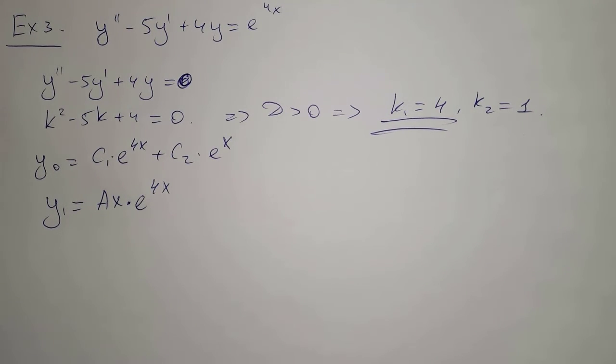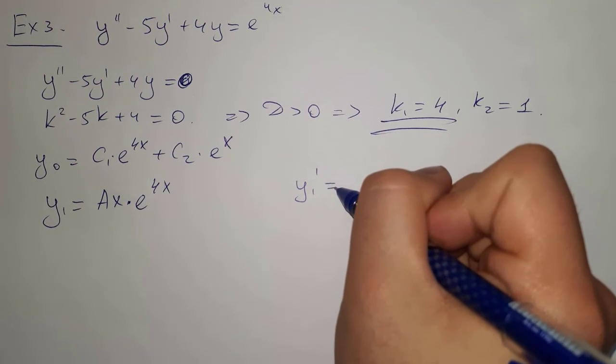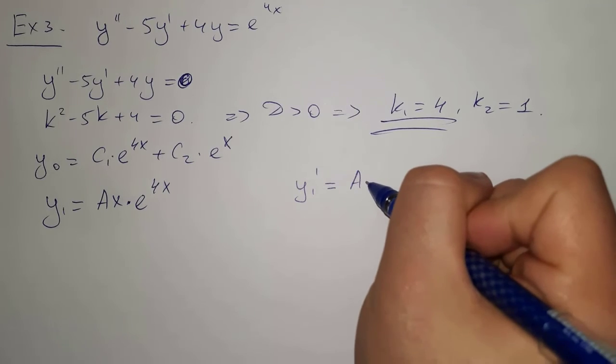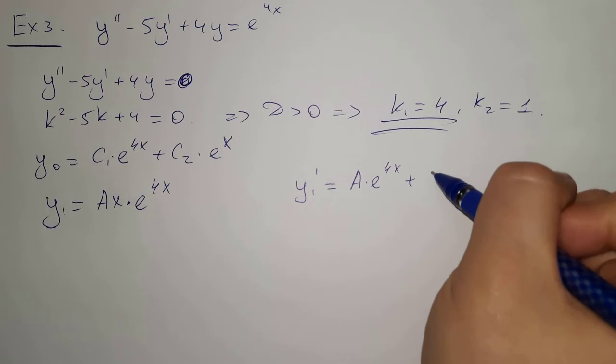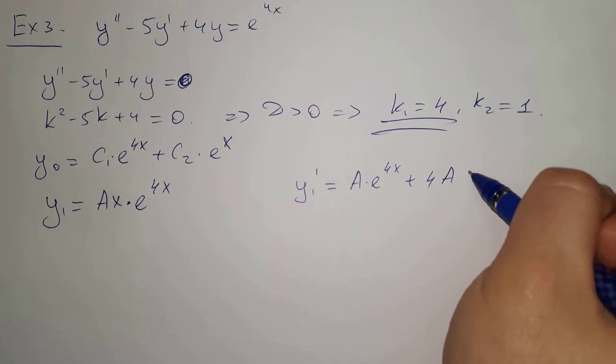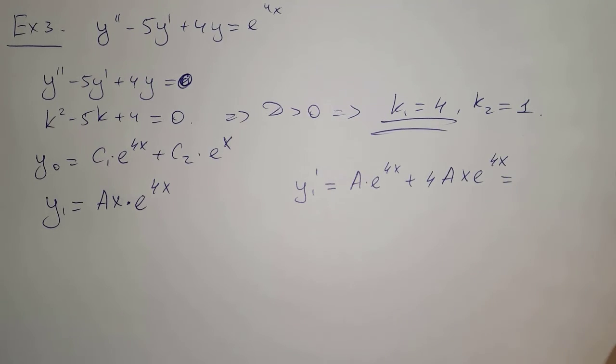So it will be a particular solution for our differential equation, and the derivative of y1 is a times e to the power of 4x plus 4ax e to the power of 4x. Or let's factor out e to the power of 4x, and we have a plus 4ax.